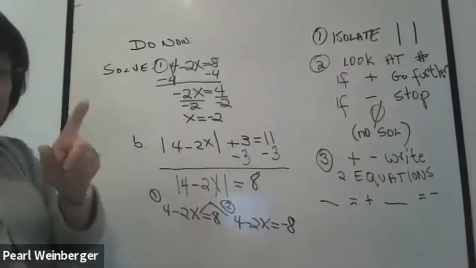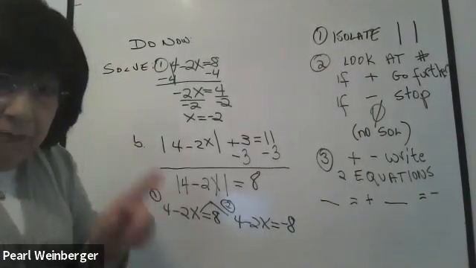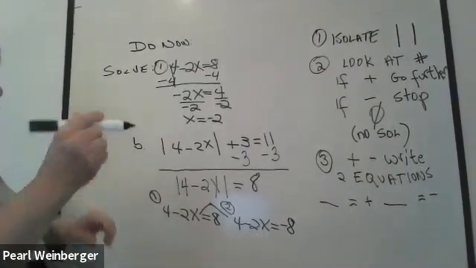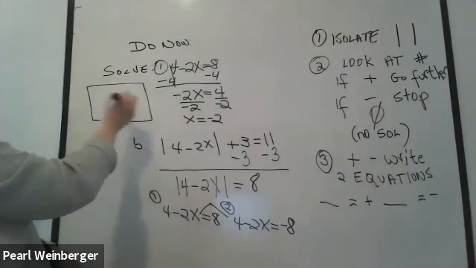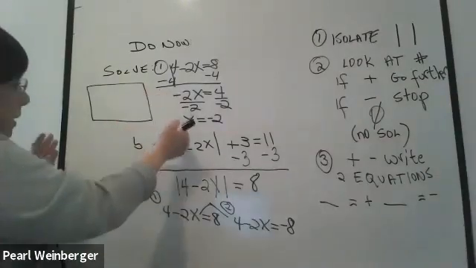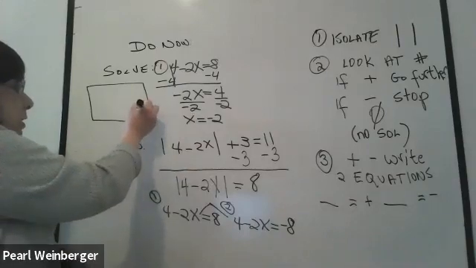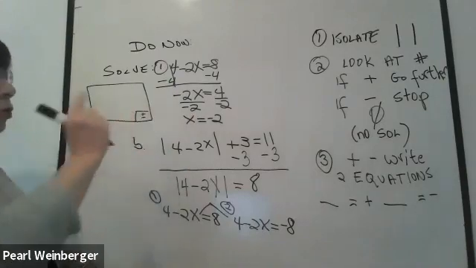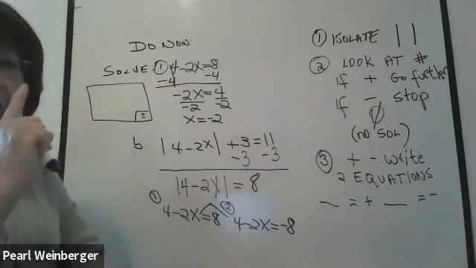Now, let me just mention, I'm going to give you these type of problems on Delta Math. When it comes to Delta Math, and you want to put in 2 solutions, here's your page in Delta Math. You'll see on the lower right-hand corner, right around here, there's a little plus sign. There's a plus sign and a minus sign. You press that plus sign when you want to put in more than one answer.